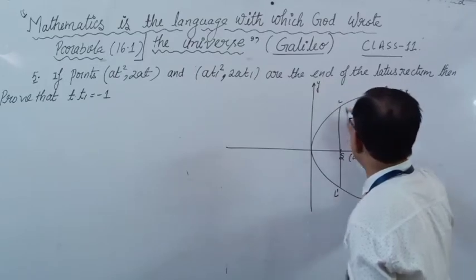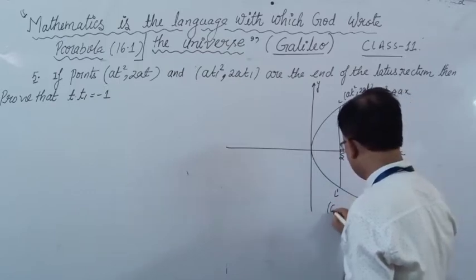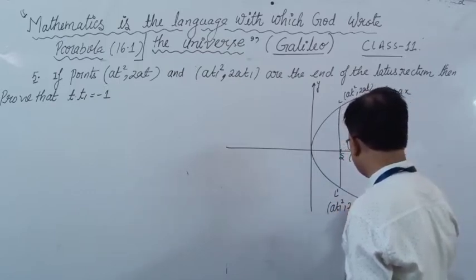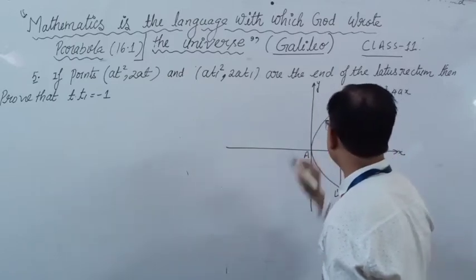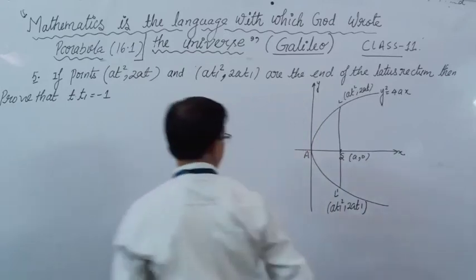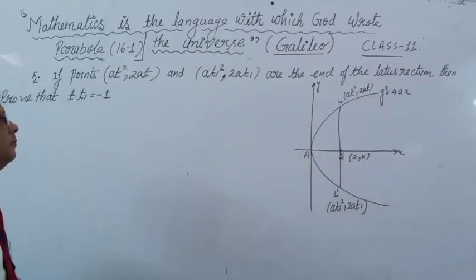Here the coordinates are given. This is at square comma 2at, and this is at1 square comma 2at1. A is the vertex of the parabola. Okay, so make the diagram.